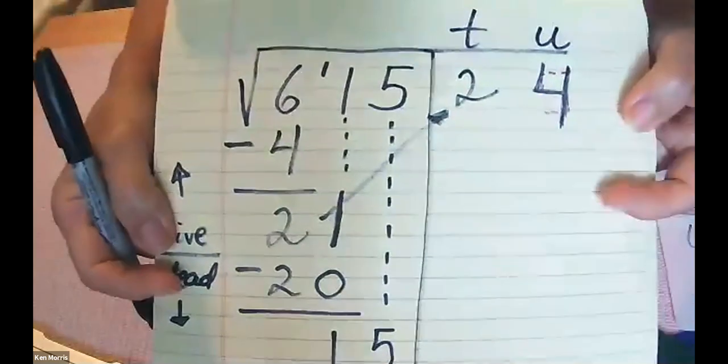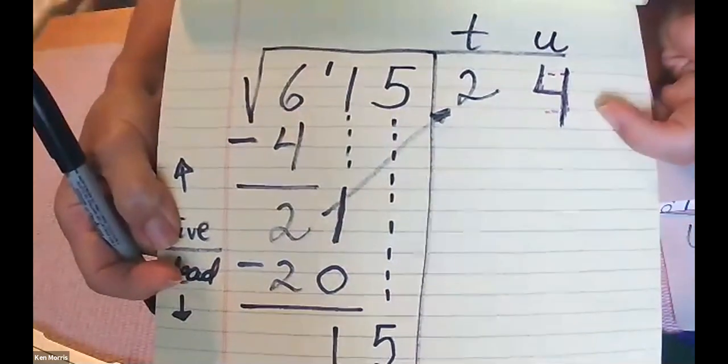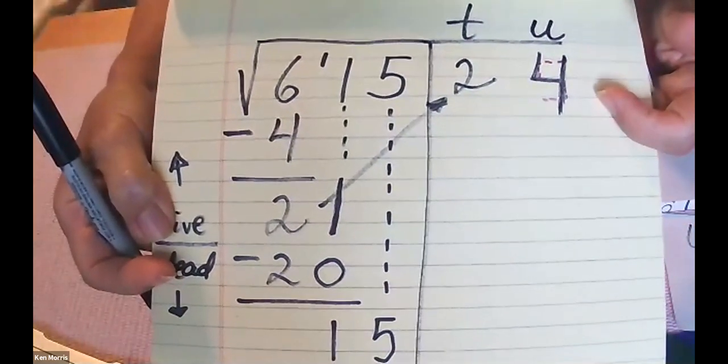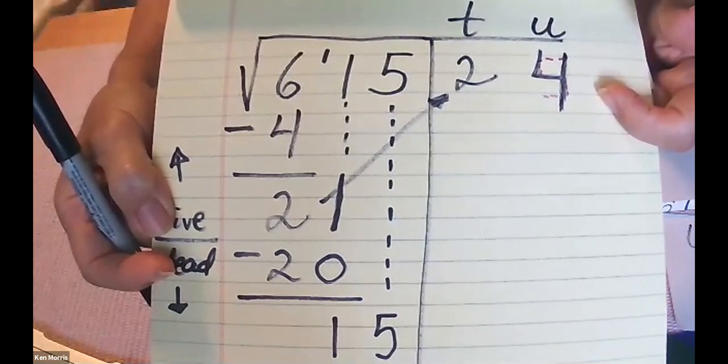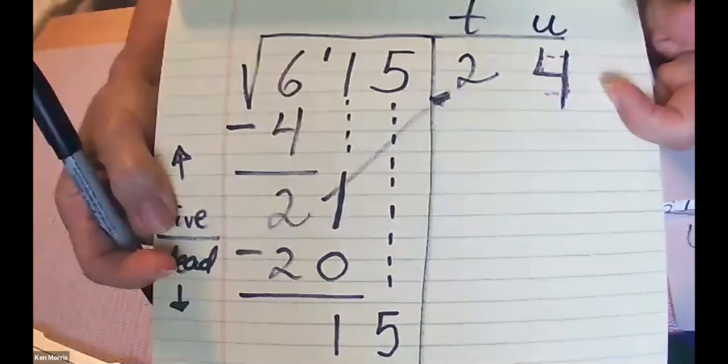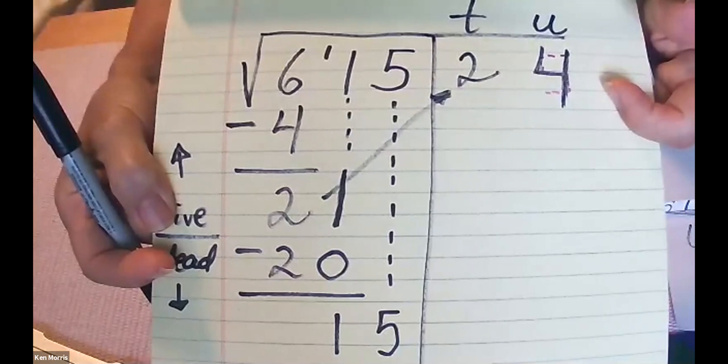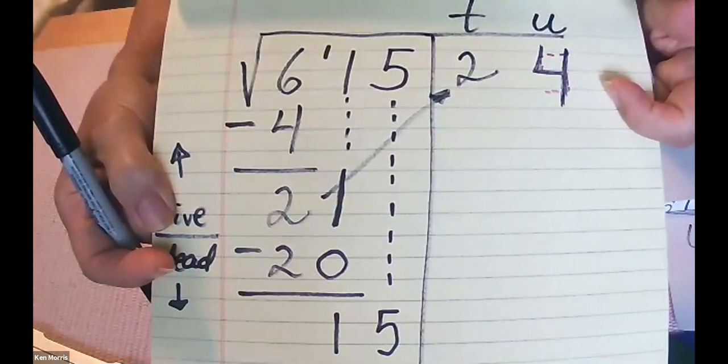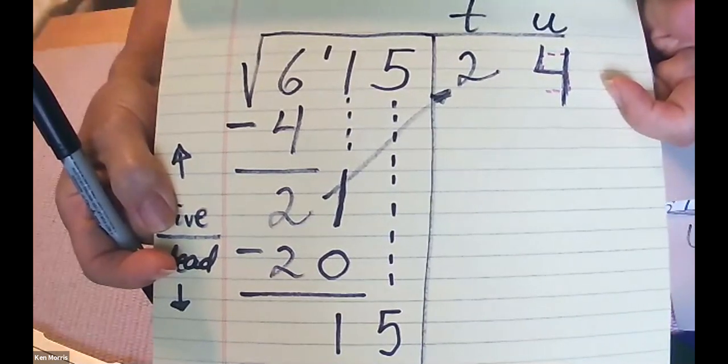We're going to cross out the 5 right there and put a 4 because our confirmation didn't work. We need to backtrack.